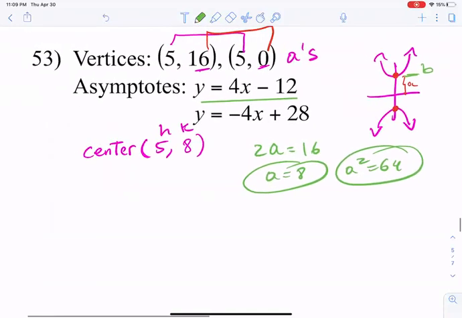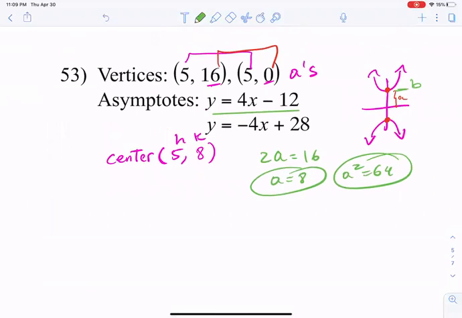Now I need to find out what B is. Since this is rise over run, your equation should be y equals plus or minus A over B, times x minus h, plus some constant k, right?